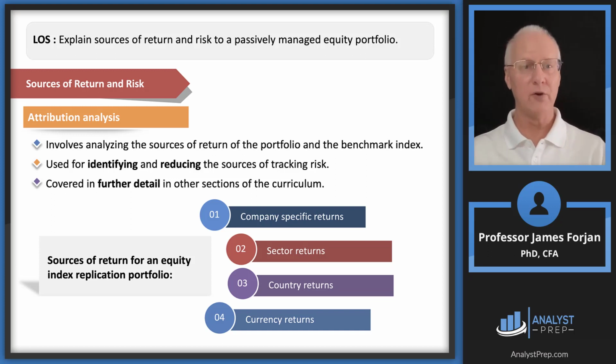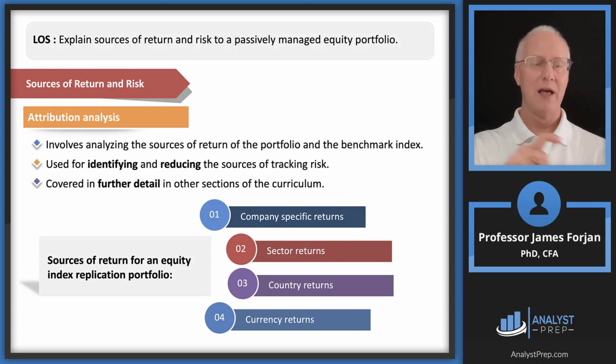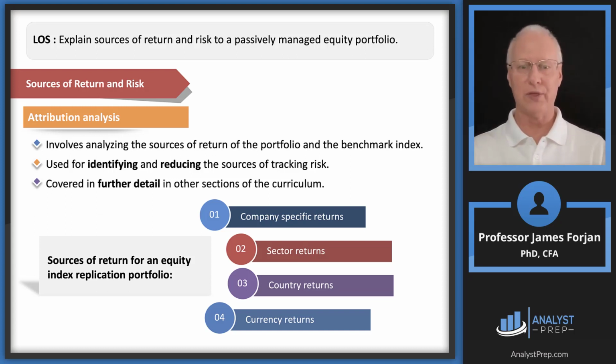But then what we can do is we can attribute that outperformance, that excess performance to things like, well, there we go, on the right-hand side, company-specific returns, sector returns, country returns, or currency returns. What we can do is we can say something like, and this is the very first attribution analysis that was done years and years ago.